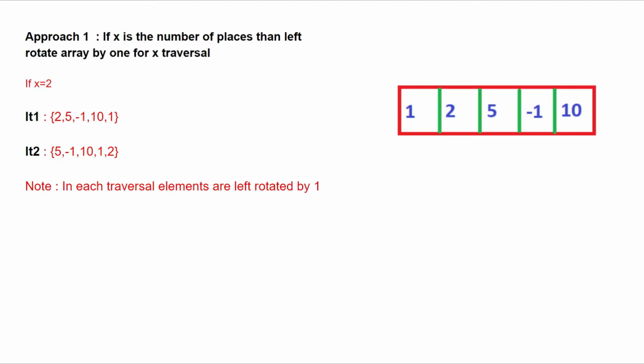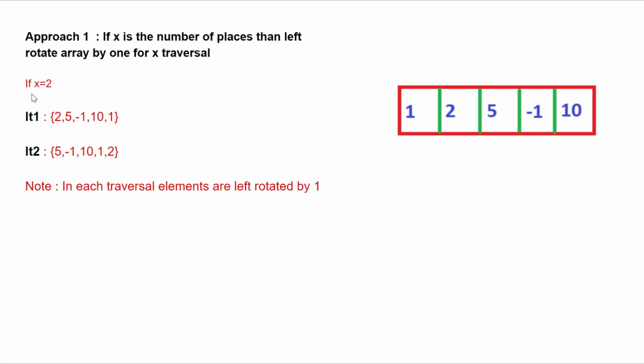That is, our array elements will look like 2, 5, minus 1, 10 and 1. After this, iteration 2 will start, in which our array elements will become 5, minus 1, 10, 1 and 2. So this way we have left rotated our array elements by 2. That is, we are simply doing the left rotation by 1 for the given number of places.